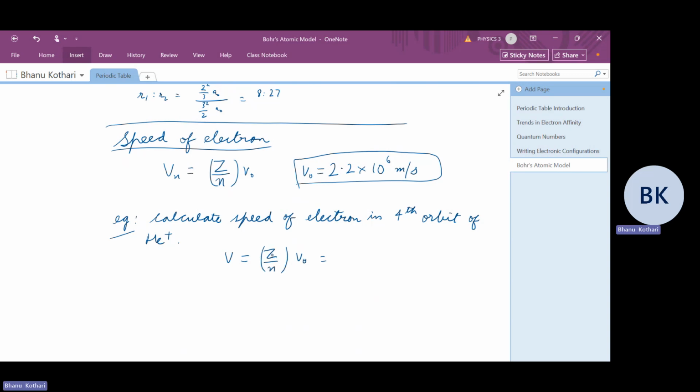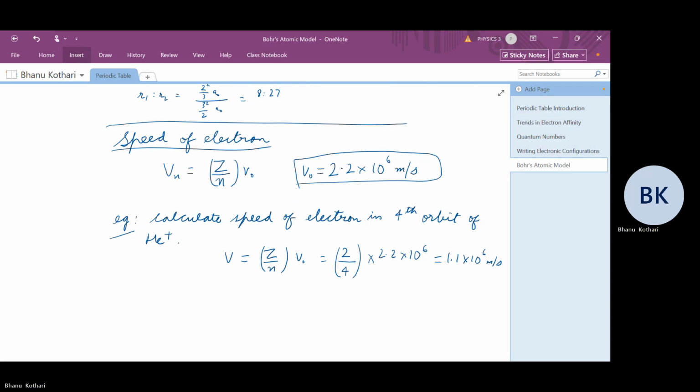What is Z for He+? Z is equal to 2. It will be 2 divided by the fourth orbit, so n is equal to 4, right? Times 2.2 into 10 to the power 6. How much is it? This is 1 upon 2. 1 upon 2 times 2.2 is 1.1 into 10 to the power 6 meters per second. Okay. So these kinds of questions we may be asked.